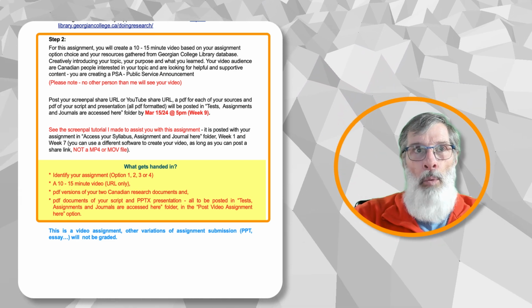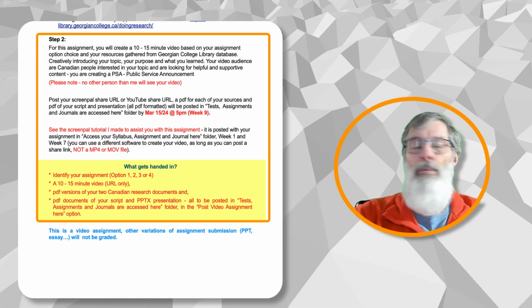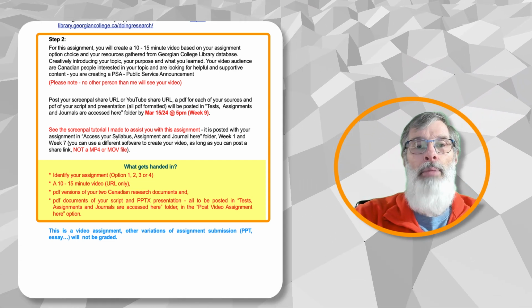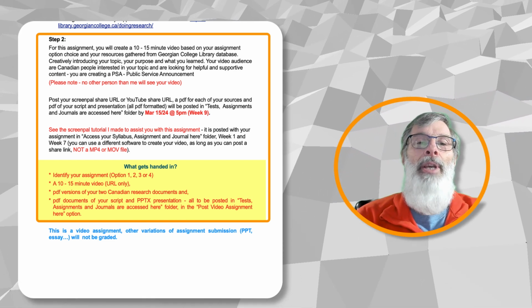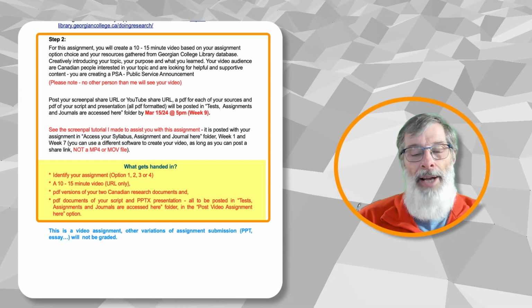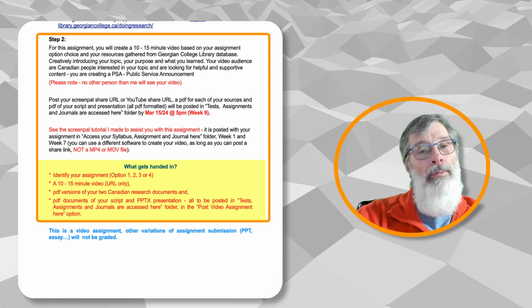Now, I want the PDFs of the 2 pieces so it's easy for me to access and read. Don't put the links where I can't get them. Please submit it as a PDF. And then there's a PDF of the script. You need to write a script to read as you make your video.